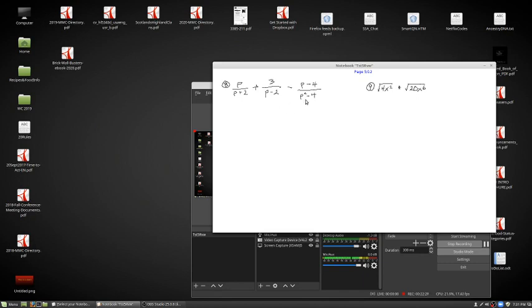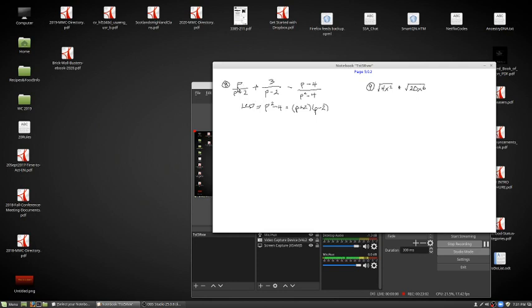So our least common denominator is going to be p squared minus 4, which is the same thing as p plus 2 times p minus 2. When we multiply through by that least common denominator, it's going to get rid of all our denominators.